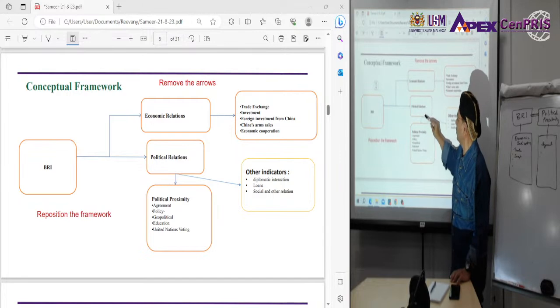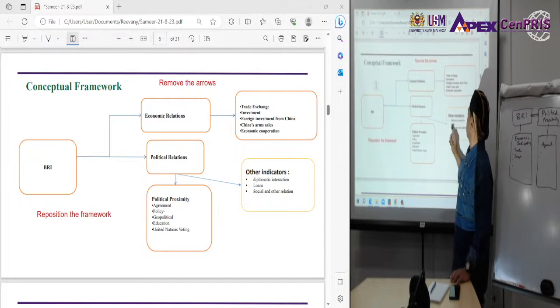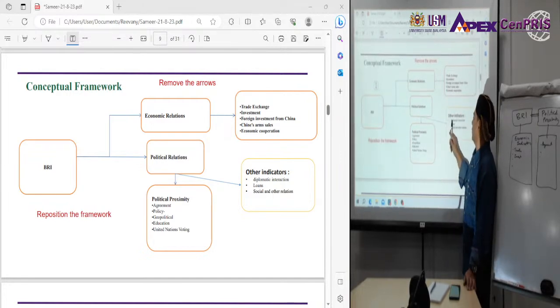Instead of political relations, so this is also an indicator of BRI. The loan, is this an indicator of political proximity? I think economic. Or is it an indicator of BRI?